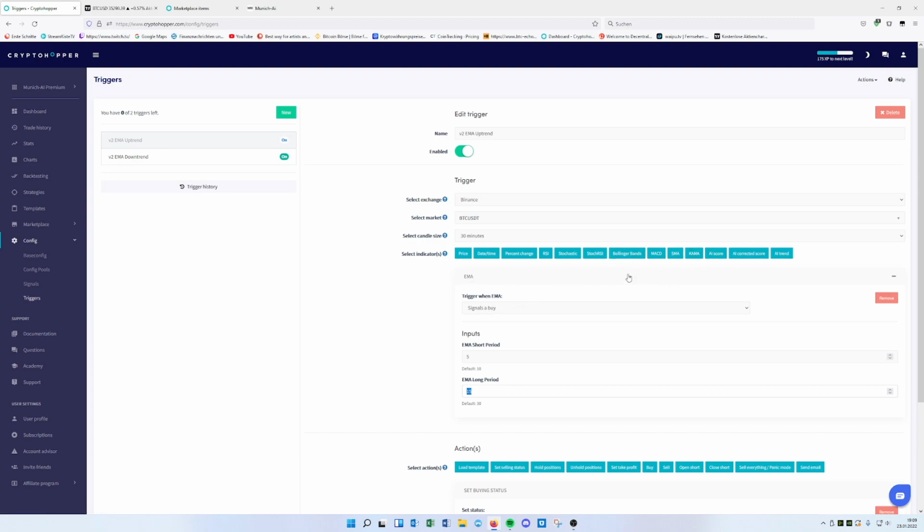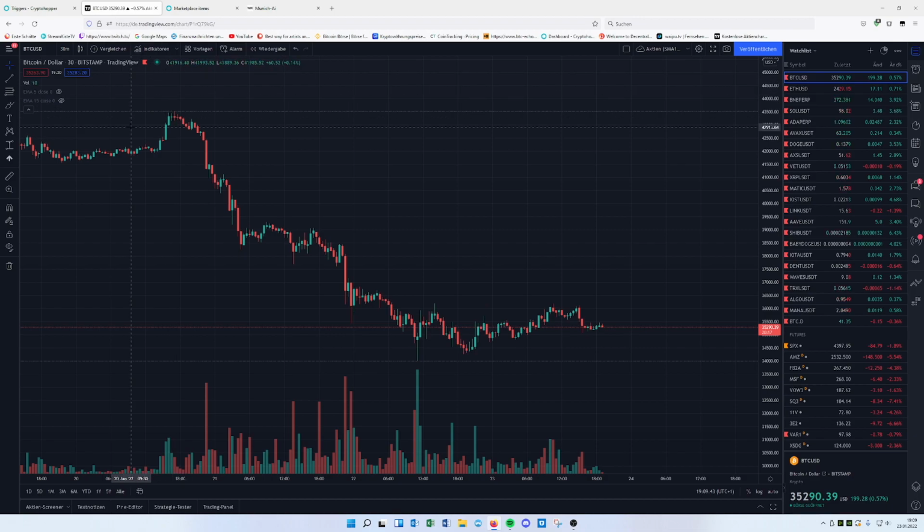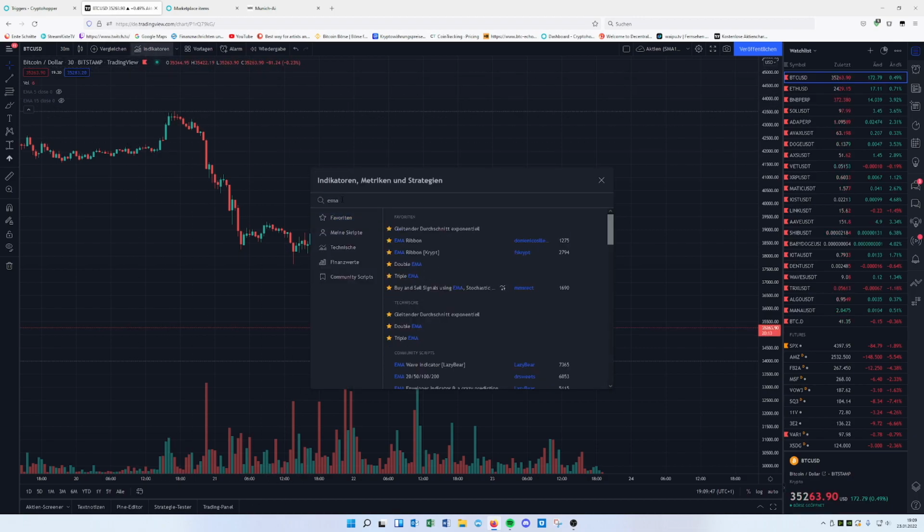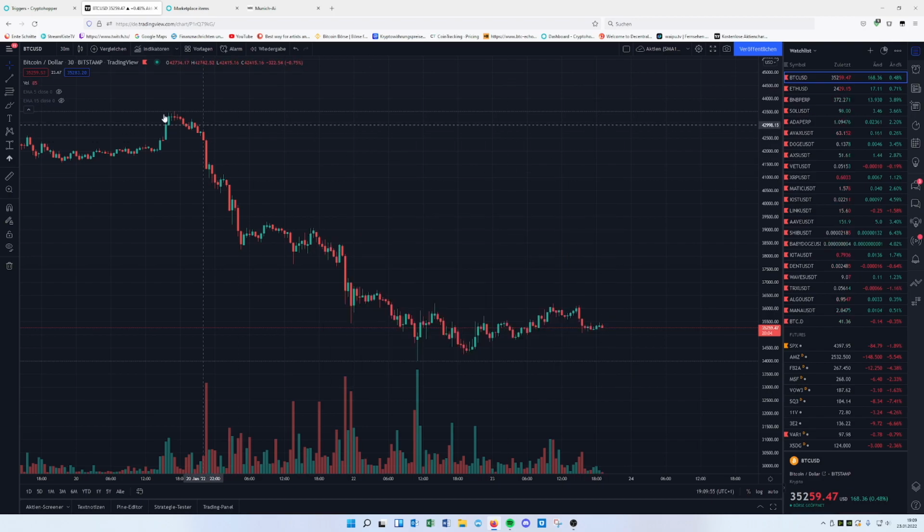You choose EMA. Then the trigger: when EMA signals a buy, you put in the short and the long period. I will show you what it means. You just go here, indicators, put EMA, then you take this one, it's German, exponential moving average. You choose it 2 times, and then I will activate it.